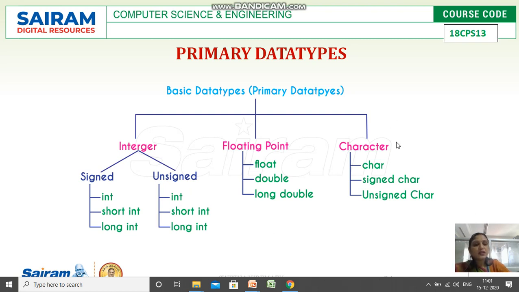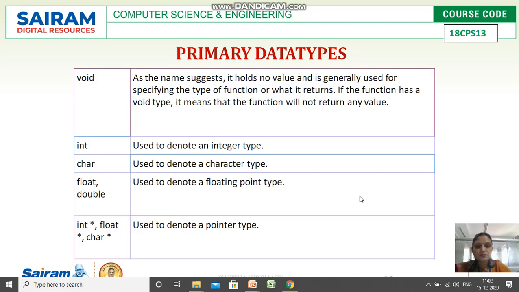Similarly, character again has 3 different data types in it: char, signed char, and unsigned char. If we want to declare a variable as a character data type, then we have to use char, signed char, or unsigned char.